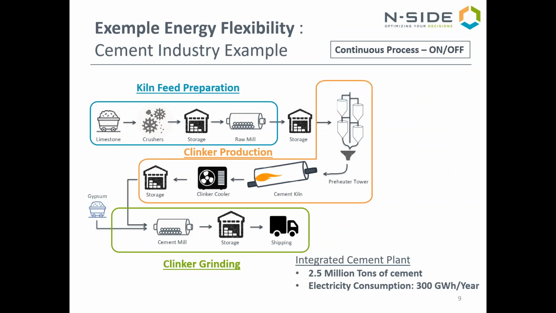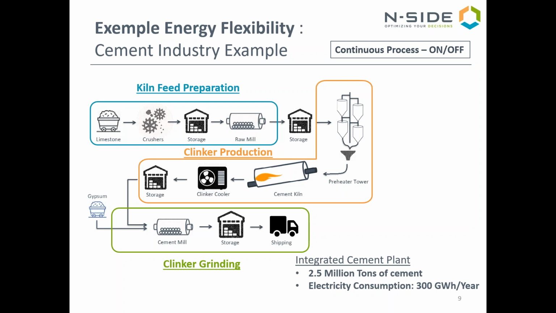So what I would like to do with you is to show you an example with the cement industry. Cement production is done in 3 parts. You have a first part, which is the kiln feed preparation, in blue. The second part is the clinker production, in orange.